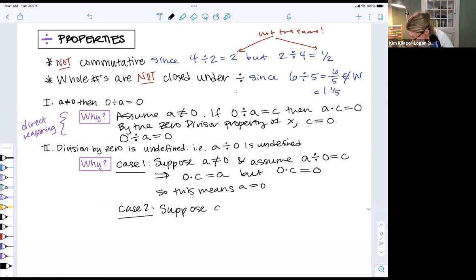So suppose A is equal to 0, and we are going to think about what happens with 0 divided by 0, and suppose that that equals some whole number c. Then by that missing factor property, 0 is equal to 0 times c. That missing factor property says that I can toss this 0 over to the other side. But this is true for every single whole number c.